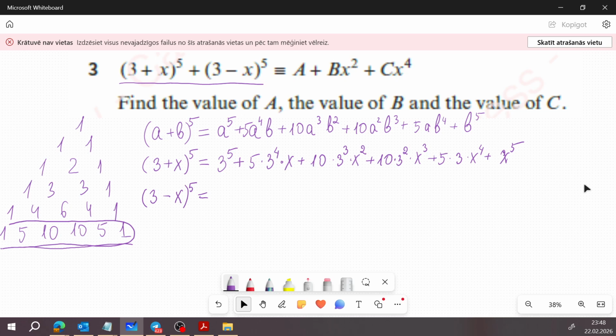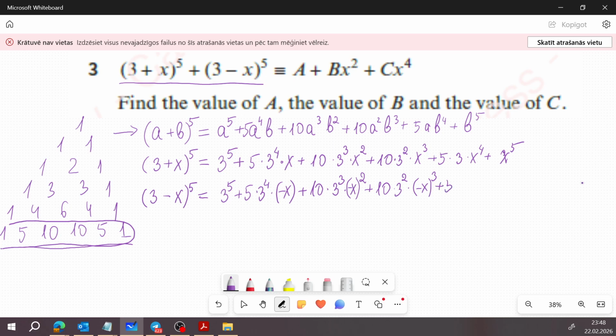Let us have a look. I will just do it according to the formula above. So it will be 3 to the power of 5 plus 5 times 3 to the power of 4 times minus x plus 10 times 3 to the power of 3 times minus x squared plus 10 times 3 to the power of 2 times minus x cubed.